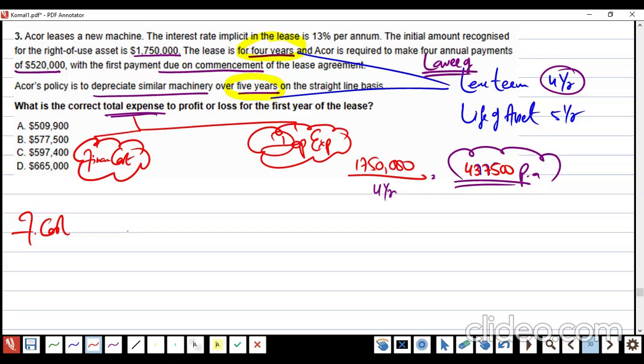So the lease amount is how much? I need from you the amount of lease liability.